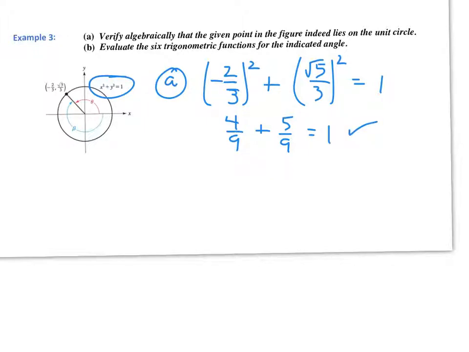Part B is we have to come up with our 6 trig values based upon the concept that we just used above. So sine of theta, since they didn't give us an actual angle measure, we'll just use theta, is equal to what?